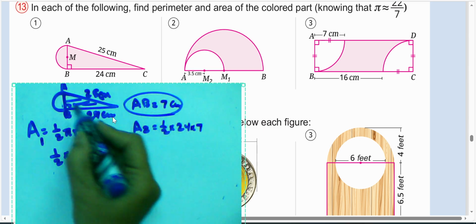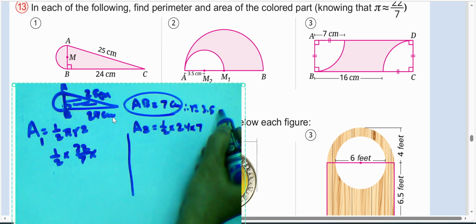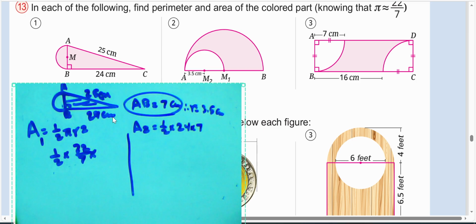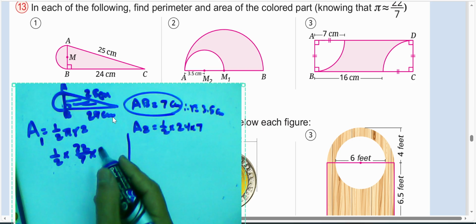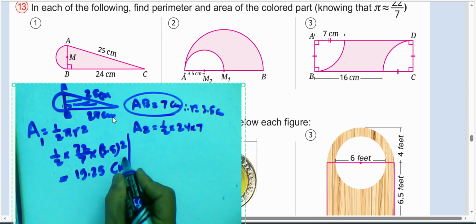We have AB 7 centimeters, the radius is half of 7, which is 3.5, because AB is the diameter of this circle. Then we can write 1 over 2 times 22 over 7 times radius power 2. The radius will be 3.5 power 2. The result will be 19.25 square centimeters.